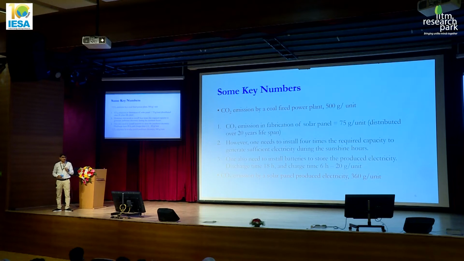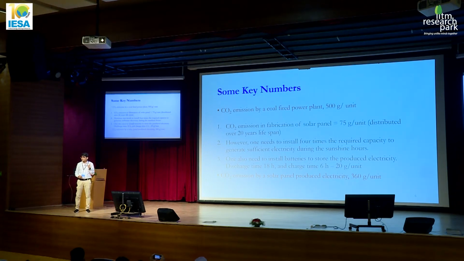There is variation in numbers, but solar panel production will produce around 50 grams per unit to 115 grams per unit of CO2, distributed over a 20-year lifespan for a solar panel. If you do the calculation for 20 years of lifespan, you have generated 75 grams of CO2 per unit of electricity which you are producing from this solar panel.